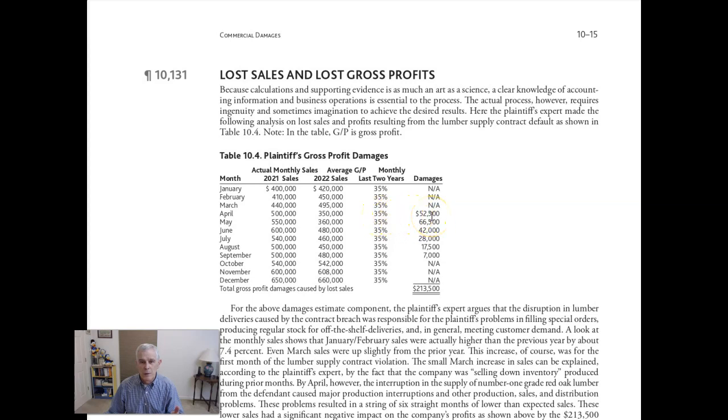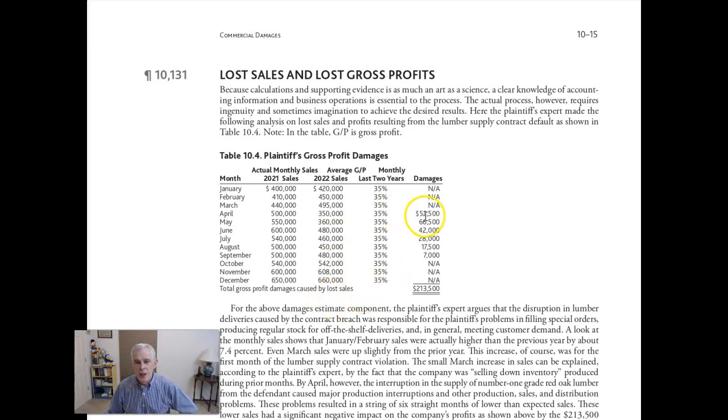Comes over here. Do the same for these months, comparing the actual during the damage period to the year before. And we have damages through, what is this, September. At that point, the sales pick up and they're more than last year, so they feel like that was not really a loss. It took them a while to find other suppliers, get the timber in, and finally get the sales caught up, right?